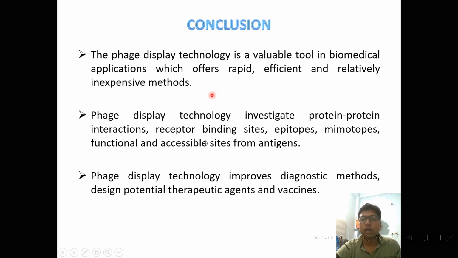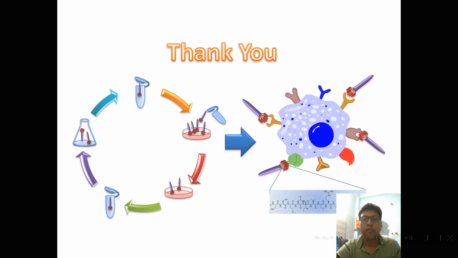Phage display technology investigates protein-protein interactions, receptor binding sites, epitopes, then mimotopes, and functional and accessible sites from antigens. Phage display technology improves diagnostic methods and designs potential therapeutic agents and vaccines. Thank you.